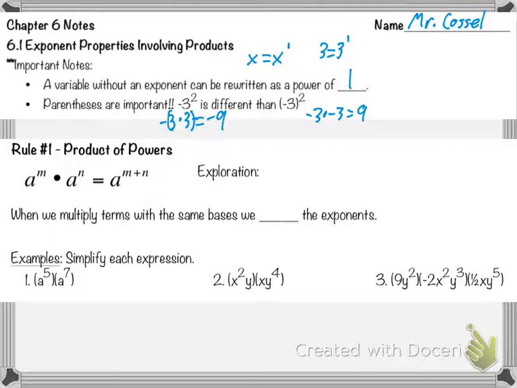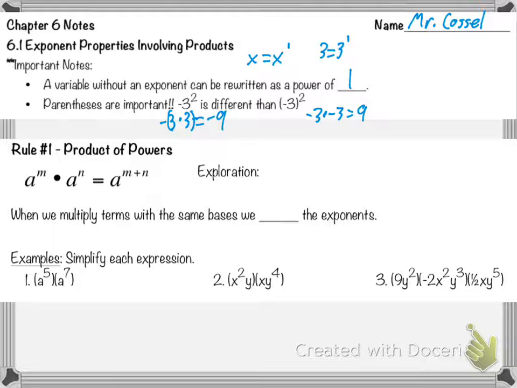So we're going to have 3 rules today we're going to go over. Our first rule is going to be product of powers. And what this is saying, guys, is if we have any variable a, any number a, raised to the power of m, the mth power, so to speak, like the 4th, 5th, 6th, mth, and we multiply that times the same number to another power n.